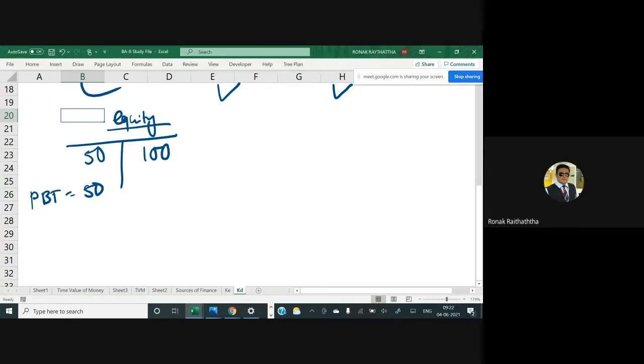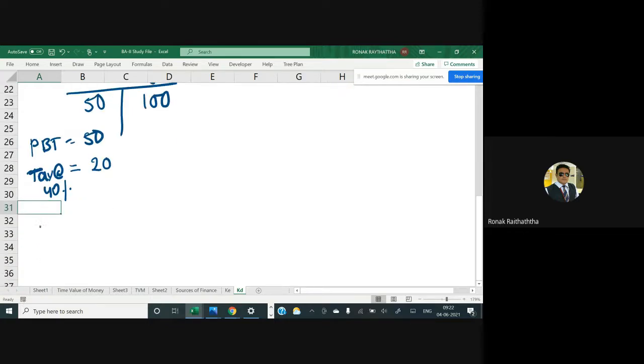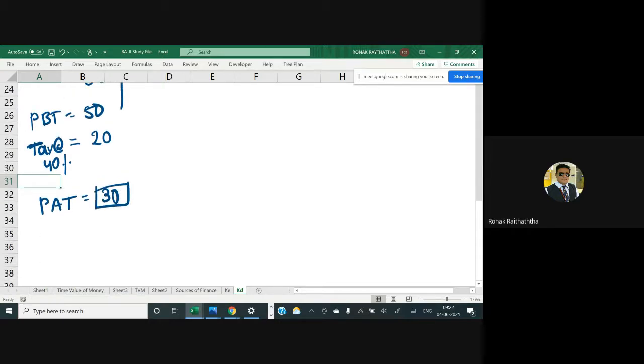From that profit before tax, say the tax rate is 20%, 40%, or 30%, whatever the case may be. Tax at 40%. Tax is charged on profit before tax. So 40% of 50 rupees is 20. So my profit after tax is going to be 30. Now from the 30, you pay the dividend to equity.